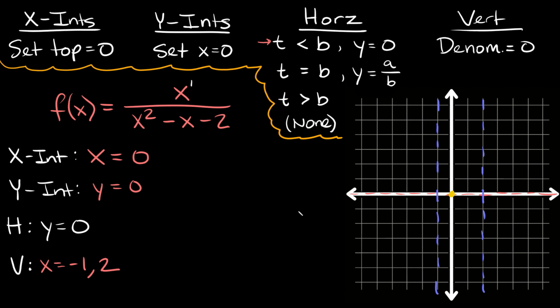Now, whenever you graph rational functions, you can cross the horizontal asymptote. The reason for that is because a horizontal asymptote really just tells us what happens as we approach negative infinity and what happens as we approach positive infinity. So a function can basically do whatever right here in the middle. It can also do anything over here.